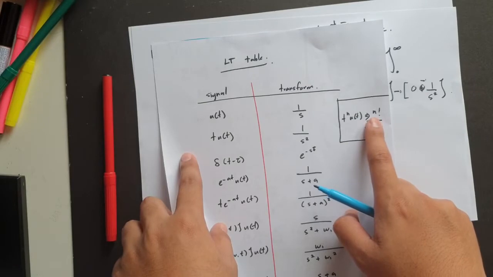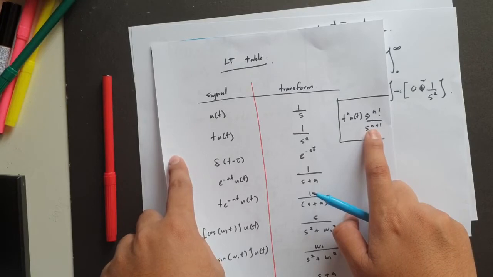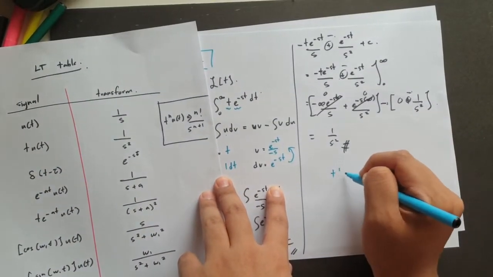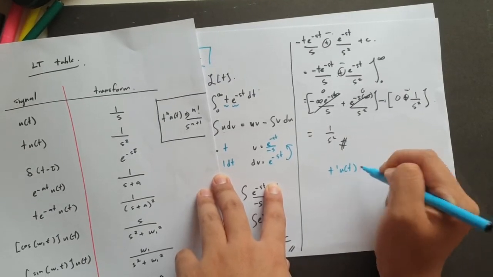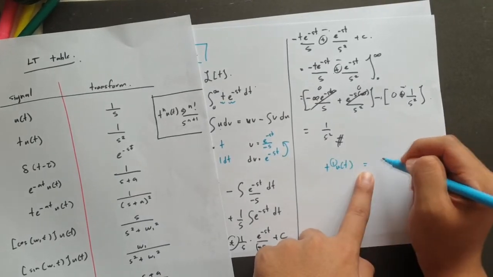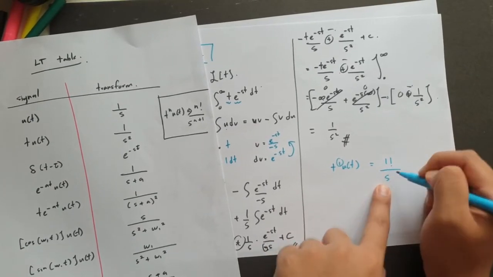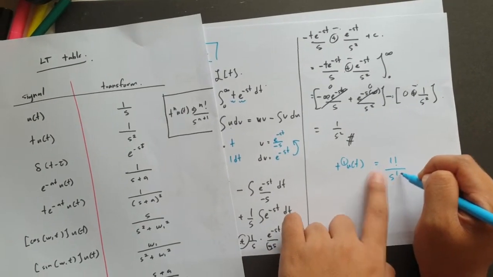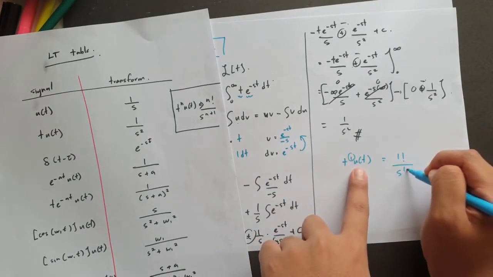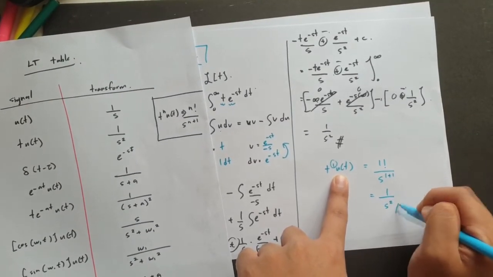If you want to transform it, it is n factorial over s^(n+1). Here n is 1, so 1 factorial over s^(1+1), which equals 1 over s².